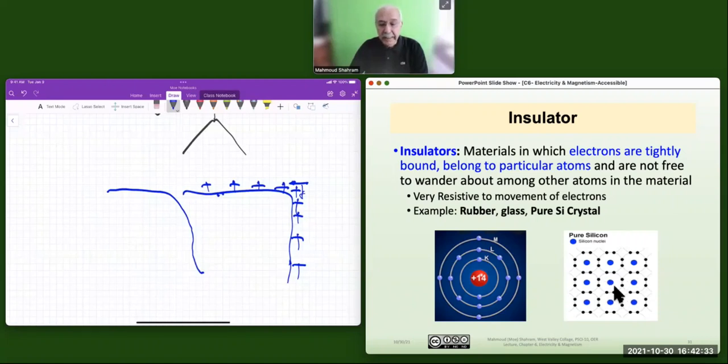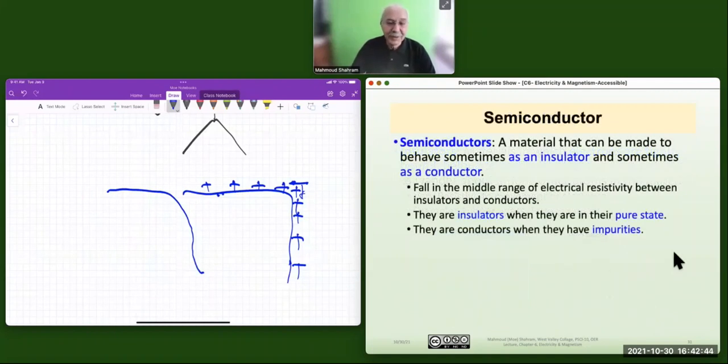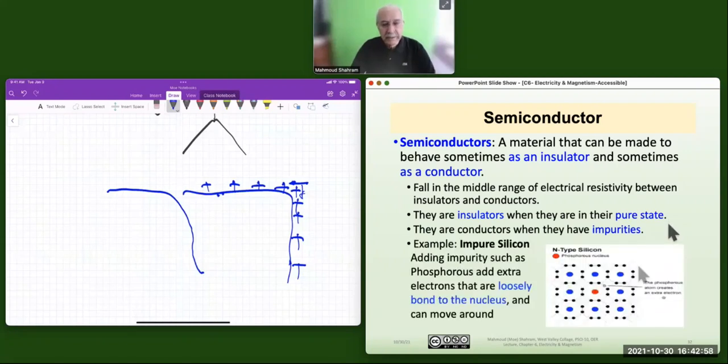Unless you take one of these silicon atoms and put in another atom that has an extra electron, and that's where you have a semiconductor. Semiconductors in pure state are usually not conductive. They're insulators. But when you add an impurity, for example, we take one of these silicons and put in a phosphorus.